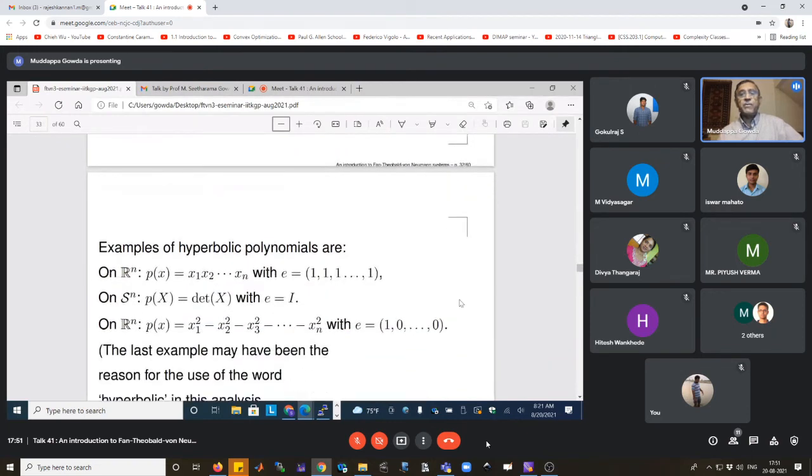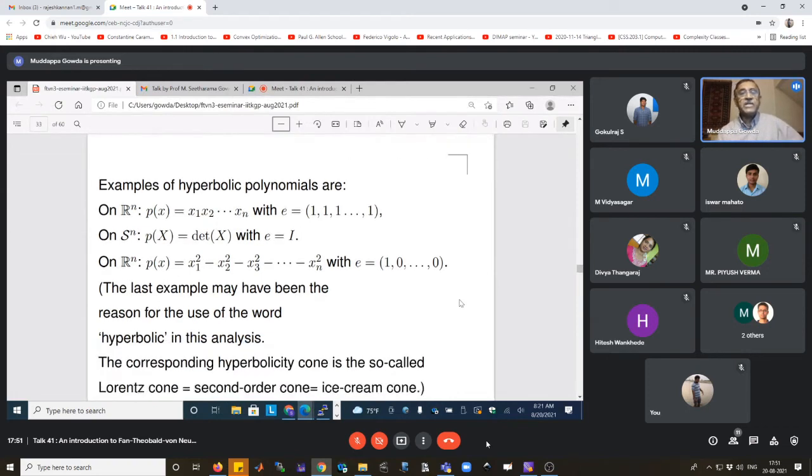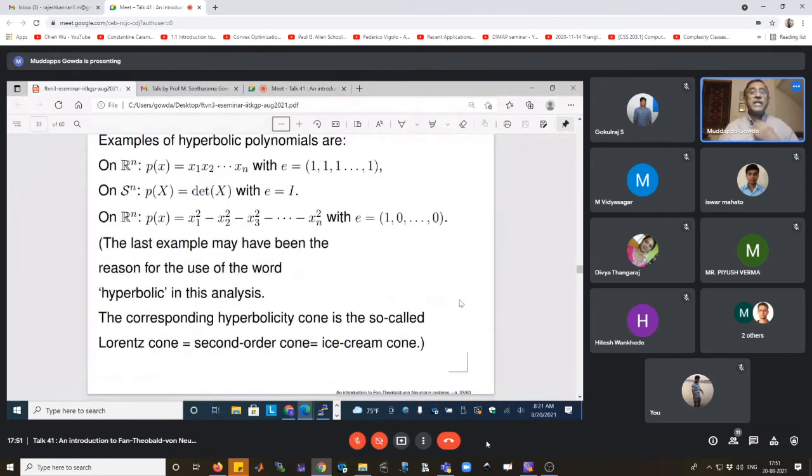Now, examples of hyperbolic polynomials, I'm going to make a list here. The first two have been described previously. The third one is interesting. On R^n, I take p(x) equals x1 squared minus x2 squared, dot dot dot, minus xn squared. I take e to be (1, 0, 0, ..., 0). The last example may have been the reason for the use of the word hyperbolic in this analysis.